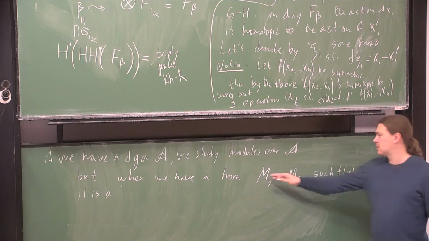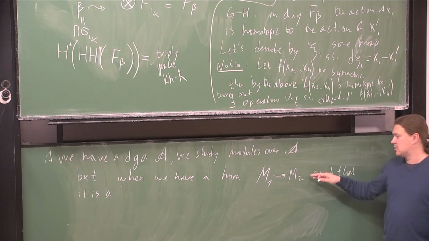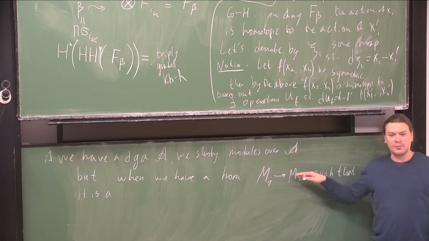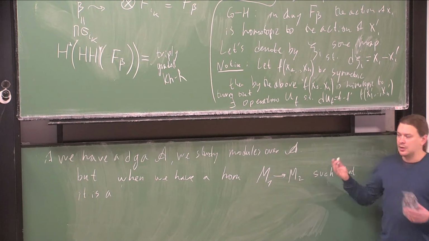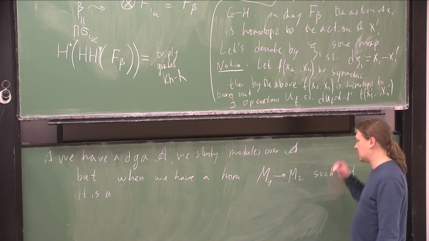A quasi-isomorphism is a homomorphism that induces an isomorphism on the homology. But here we have to extend our infinity definitions.